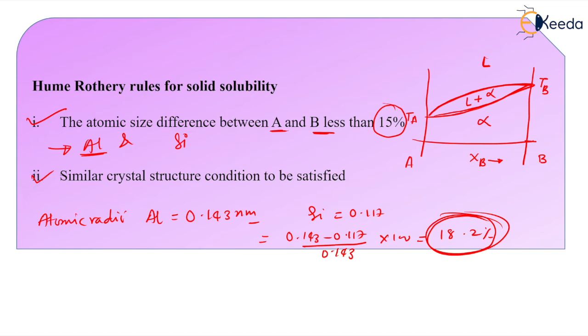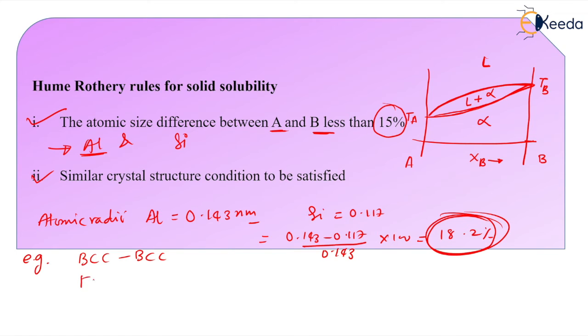Now the second rule: the two elements should have a similar kind of crystal structure. The same crystal structure condition should be satisfied. For example, I can have solubility in BCC to BCC, that is body centered cubic to body centered cubic.